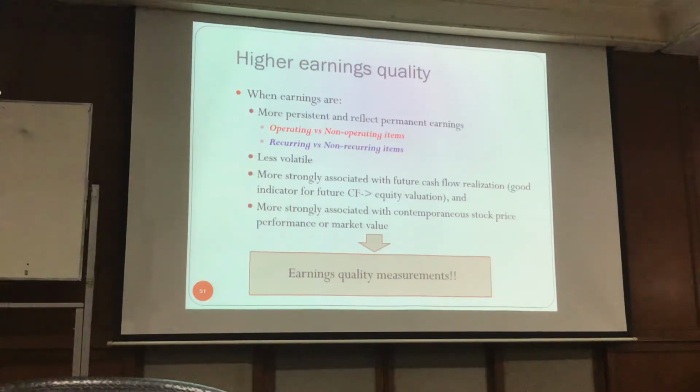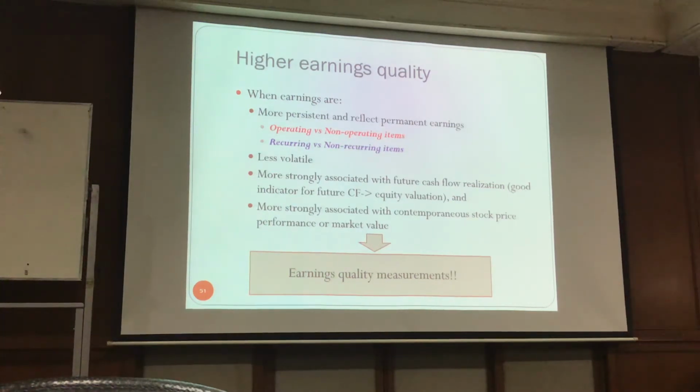The loss from the flood was reported in selling and administrative expense, with no extraordinary items, not like US GAAP. The question is, is this a recurring or non-recurring item? Non-recurring. Are you sure? It's coming again this year, I'm so afraid. We are supposed to think it's non-recurring.